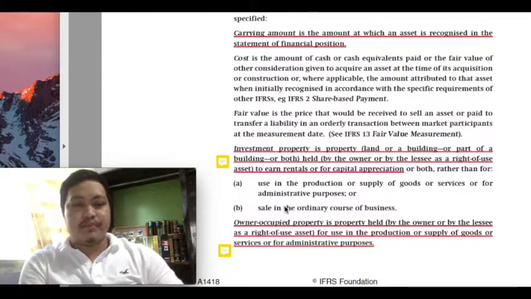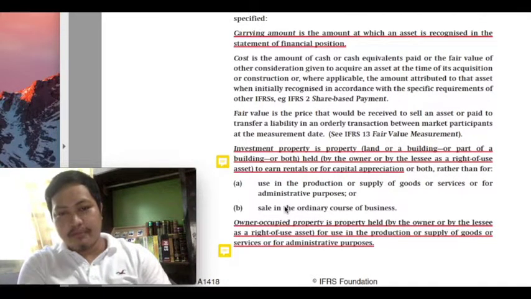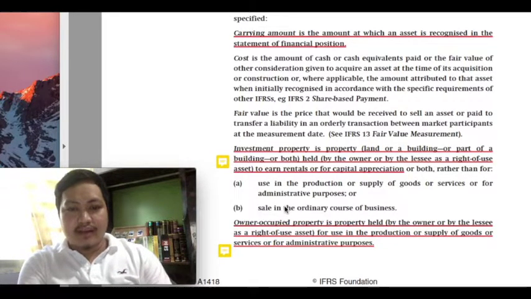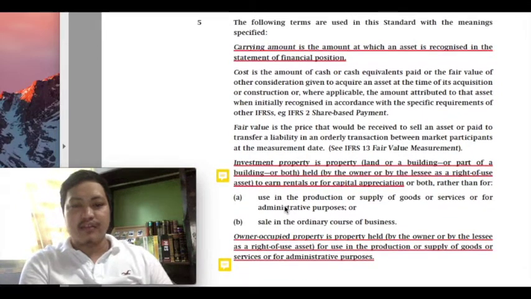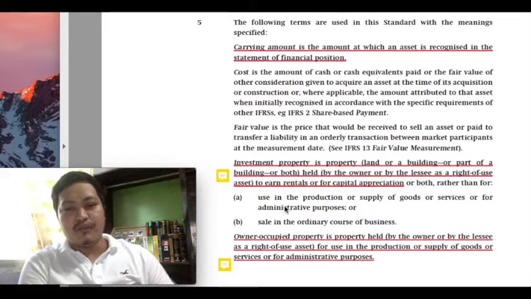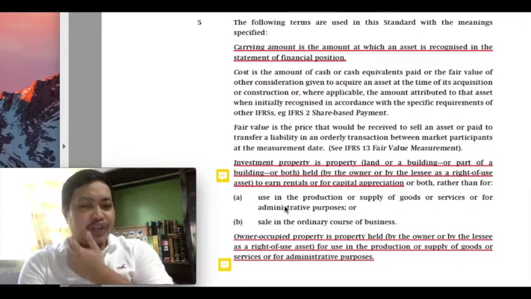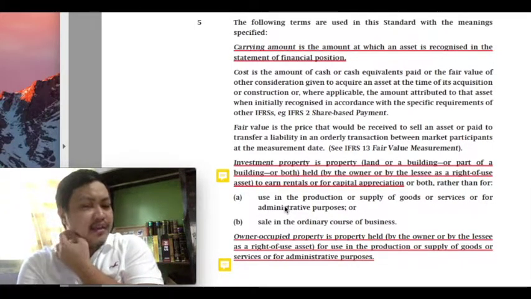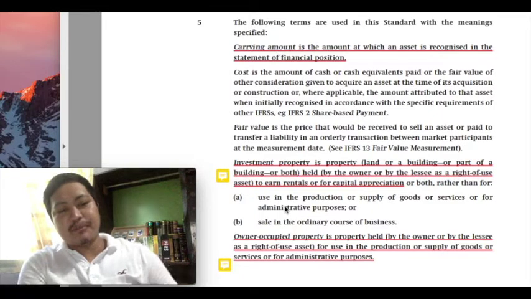A new concept that we will encounter in PAS 40, class, is the concept of owner-occupied property. So owner-occupied property is property held by the owner or by the lessee as a right-of-use asset for use in the production or supply of goods or services or for administrative purposes. From this definition, class, we are able to say that owner-occupied property, as an opposite to investment property, will be classified as your property, plant, and equipment.